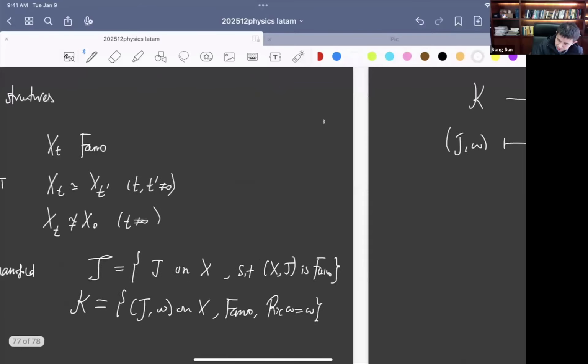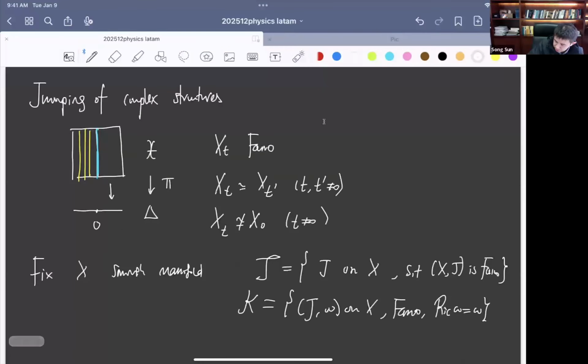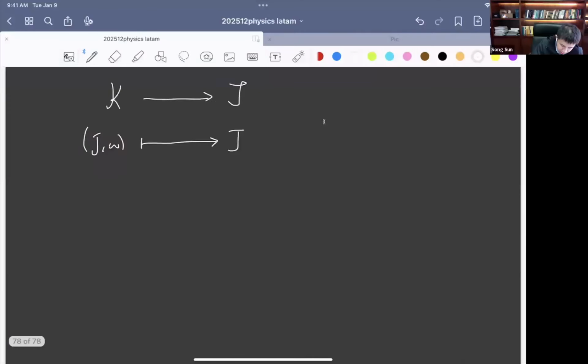So there is a natural map from 𝒦 to 𝒥, just sending (J, ω) to J, forgetting ω. But this infinite dimensional space is taken modulo the diffeomorphism group action. We consider two complex structures the same if they differ by pullback by a diffeomorphism of X. Similarly for (J, ω). In any case, you get a natural map.